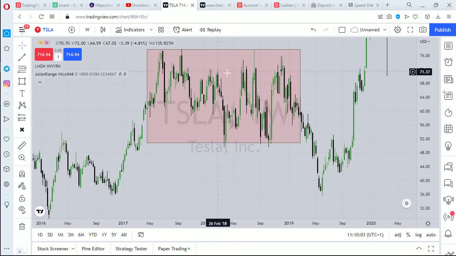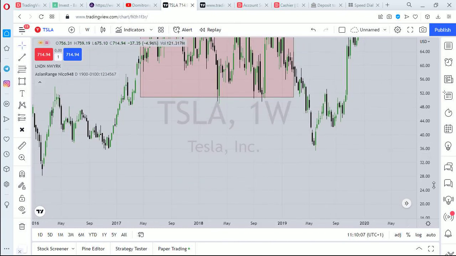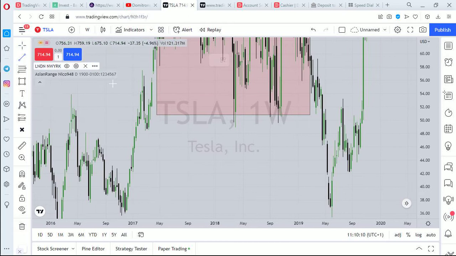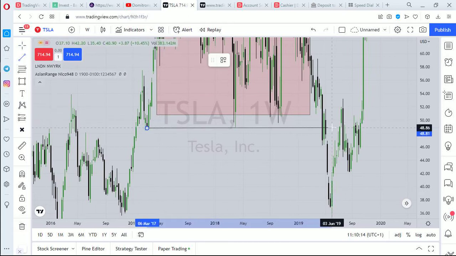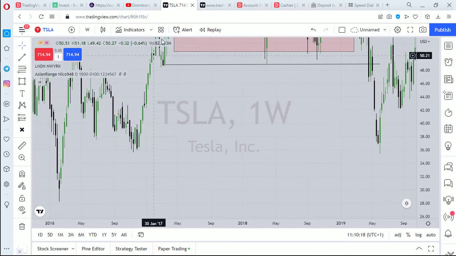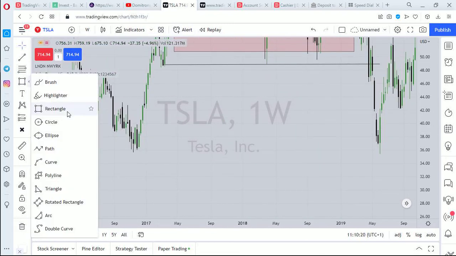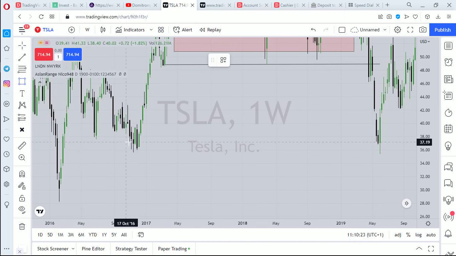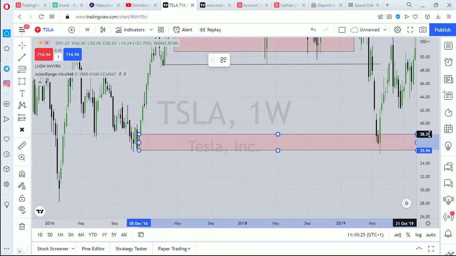So it distributed the price downwards, right? And what is below price right here? We have an area of support. We have liquidity resting right here that it needs to grab. And what is below that liquidity? We have an area of demand right here, right?